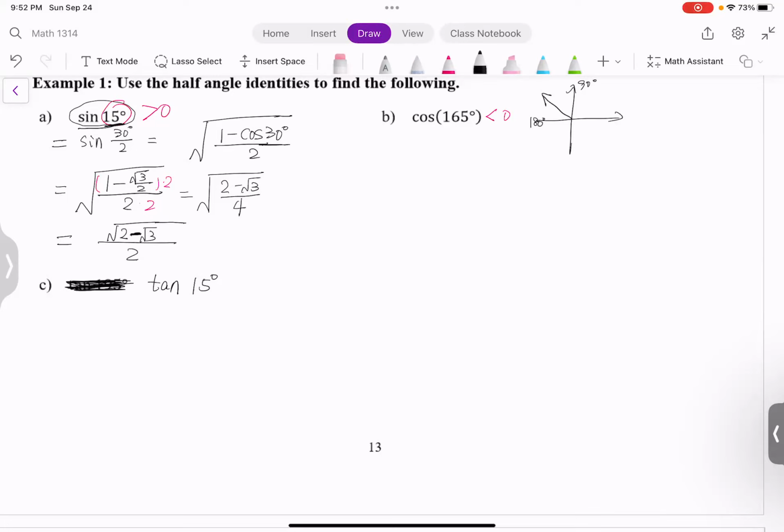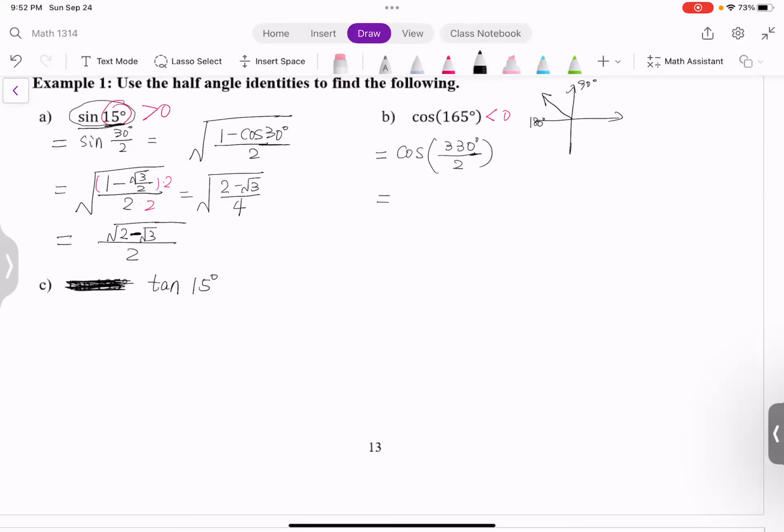All right. So let's use the half angle formula to solve for cosine 165 degrees. What angle divided by 2 equals 165? That's 330 degrees over 2. That's 165. And then use the formula.